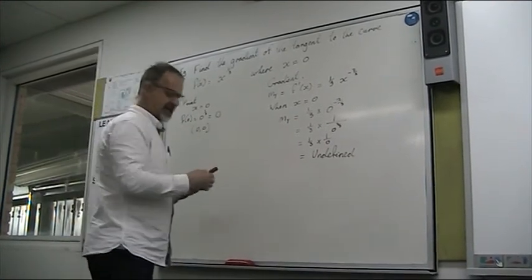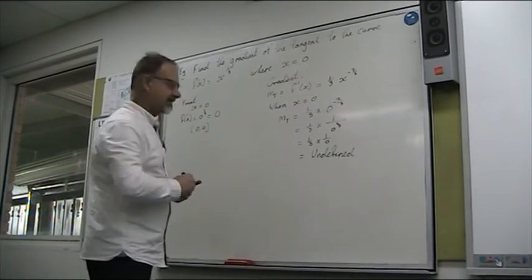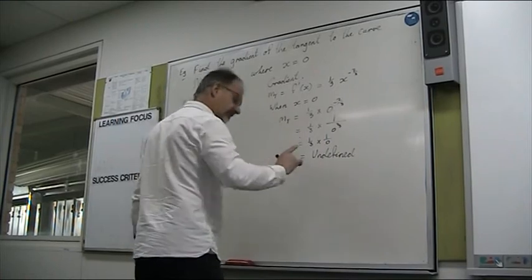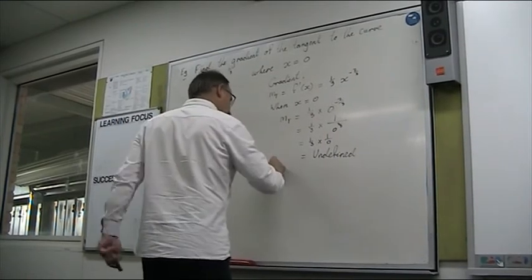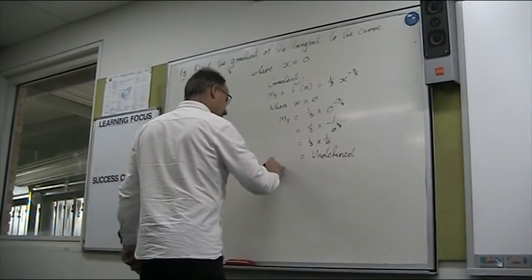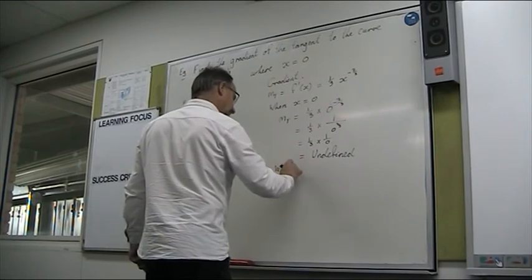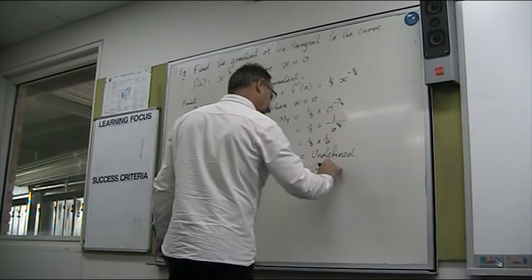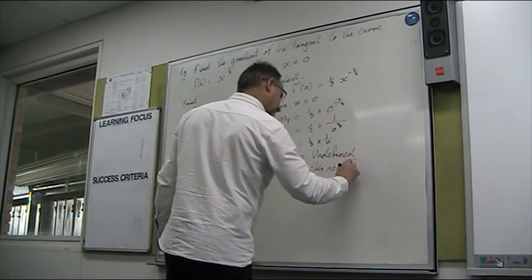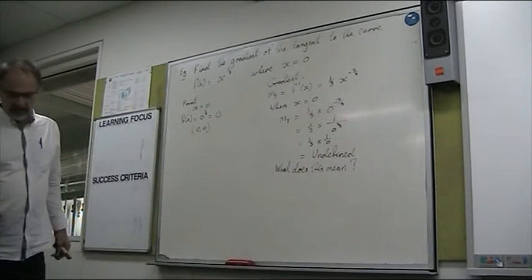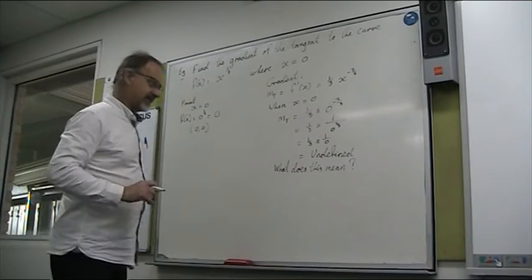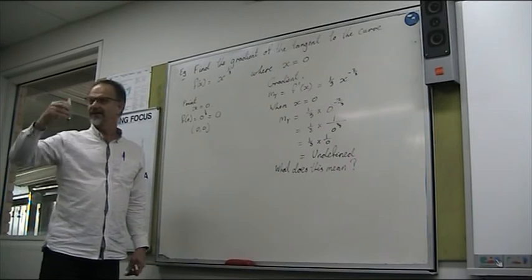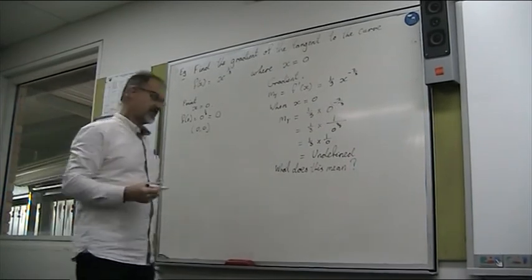So if that's undefined, Nicole was on the right track there. Vertical line is correct, because for a vertical line the gradient is undefined, isn't it?